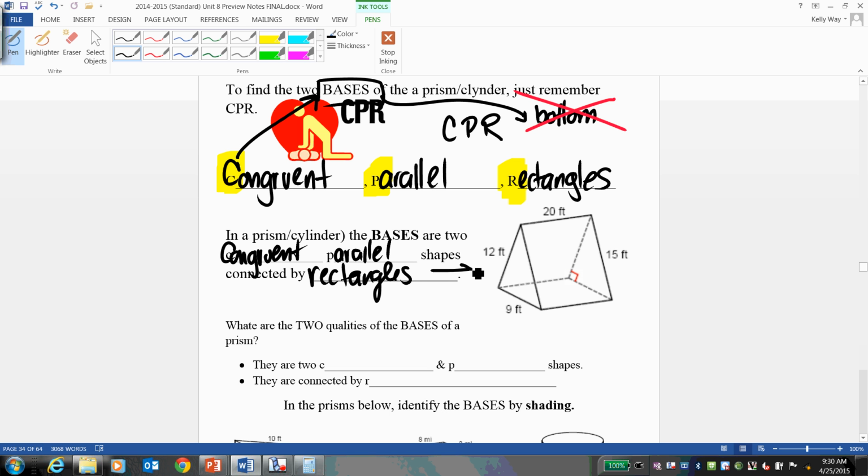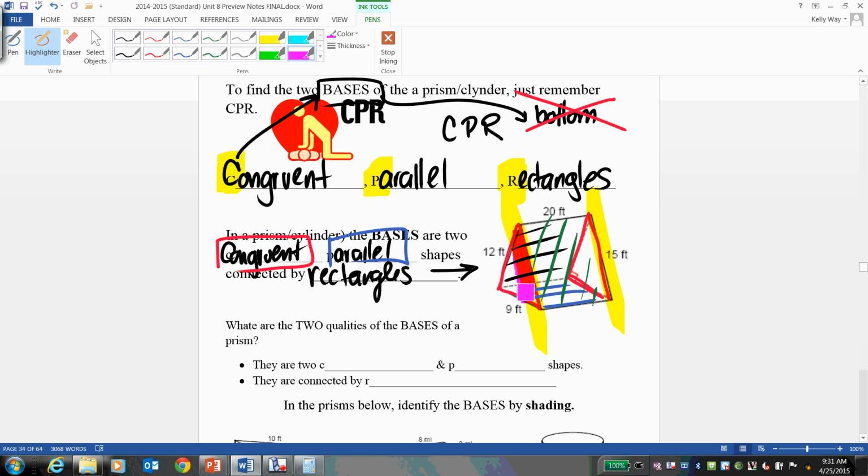For example, this is a triangular prism. You have two congruent parallel shapes which are connected by rectangles, and those shapes are the two triangles. First off, they're exactly congruent. Second, they're exactly parallel to each other. And they're connected by nothing but rectangles: this bottom rectangle, this back rectangle, and this front rectangle.